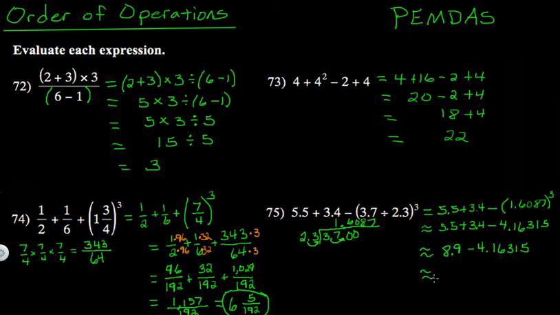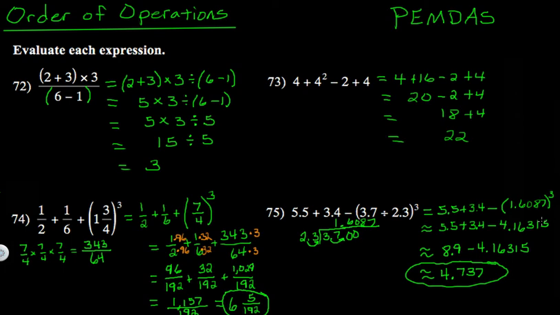And if we do the subtraction there, then we will get about 4.737. All right, so this is rounding a lot because we have this division problem and we didn't get nice whole numbers. So this is an approximation because I didn't want to carry all the decimal points out. But that's basically how you do it.